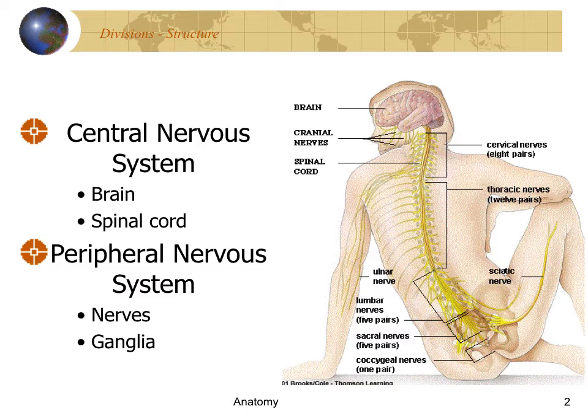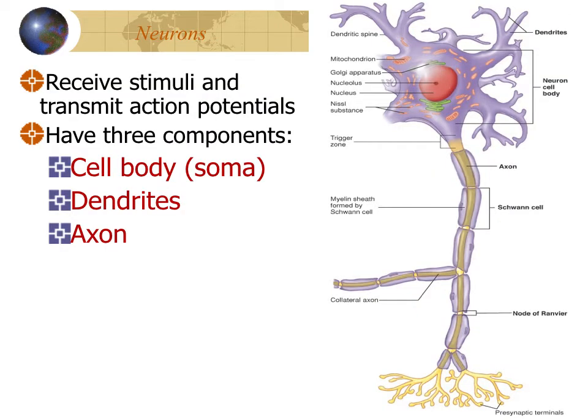We also can talk about the autonomic and the somatic nervous system and various divisions, but this is the important structural division.